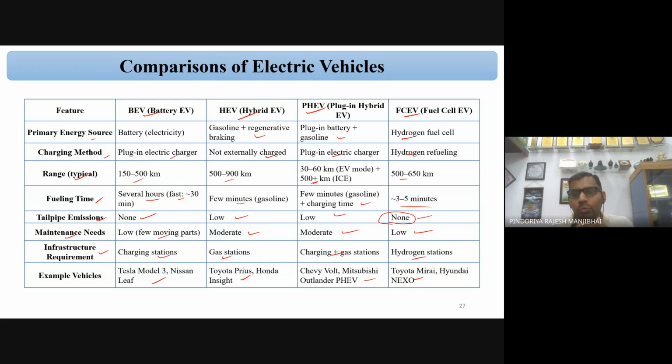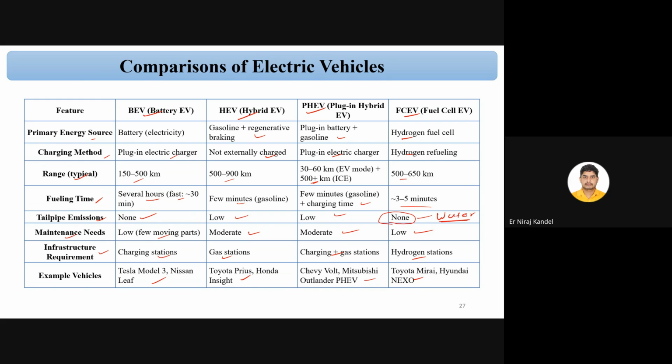Suppose the output is water, water is not an emission. So that's why here I wrote none. If you want, maybe you can write water, but for my knowledge, water is not like an emission. We cannot say water is an emission. So that's why here I wrote no pollution. Yes. Okay.